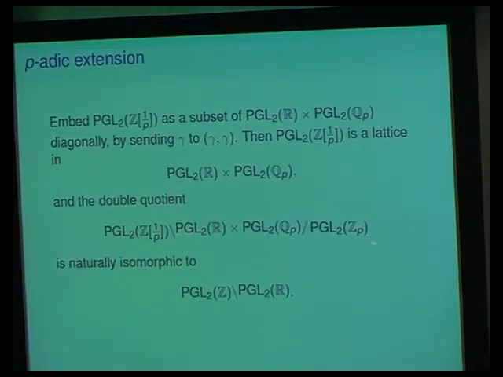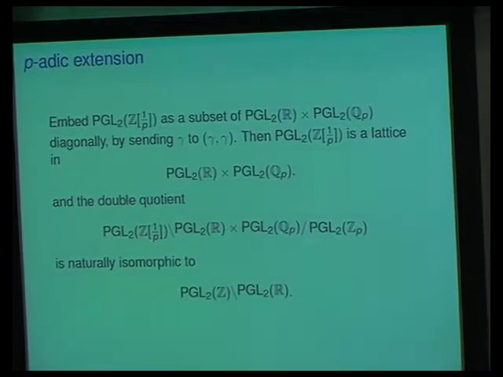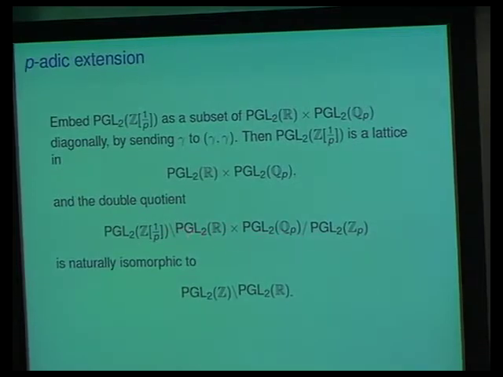And there's another claim, namely that when you look at the double quotient, you take this group and quotient by the lattice on the left, and then you quotient by PGL2(Z_p), which is a compact subgroup of PGL2(Q_p) and hence acts on this space, on the right.